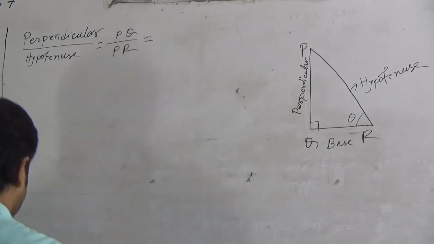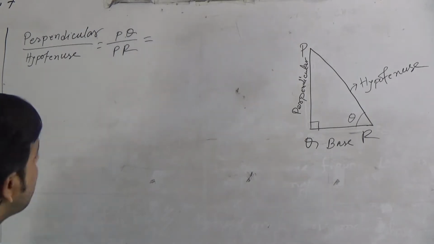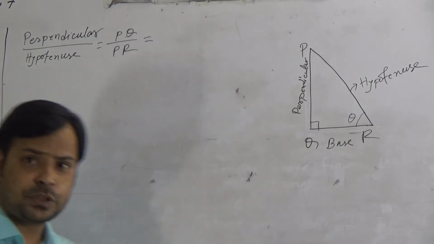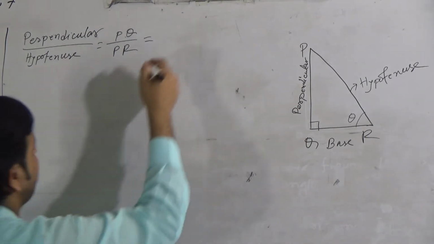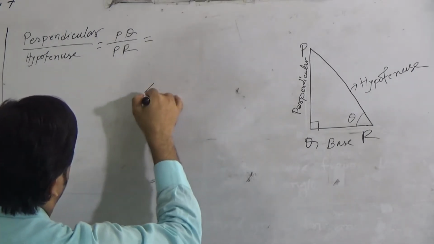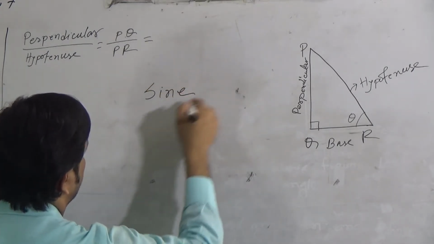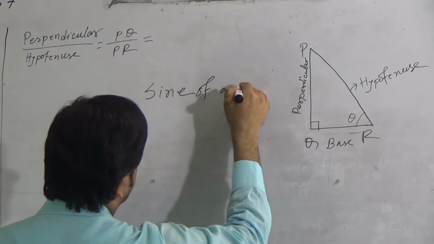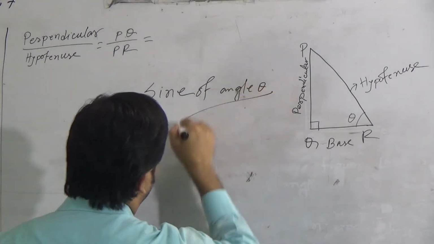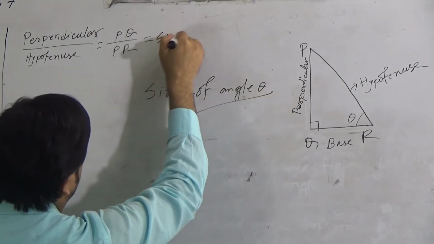So PQ by PR. This is the first ratio. The ratio of perpendicular and hypotenuse is known in trigonometry as sine. The full form is sine of angle theta. In short we can write sin theta.